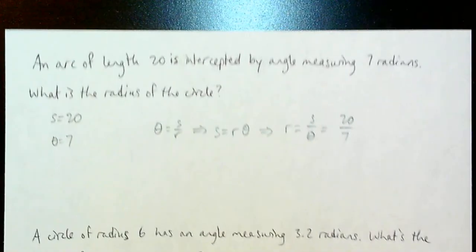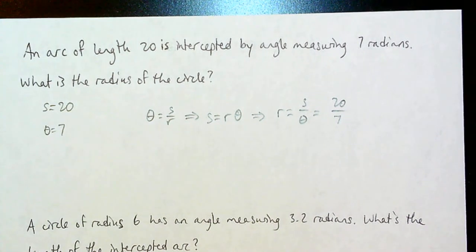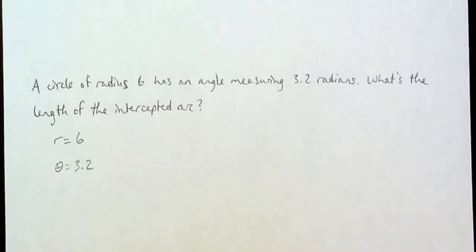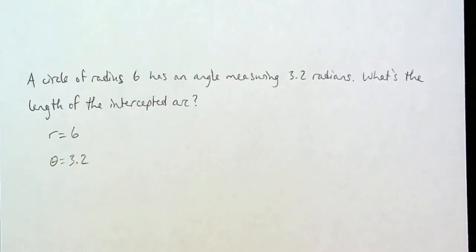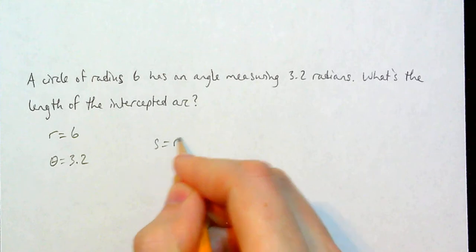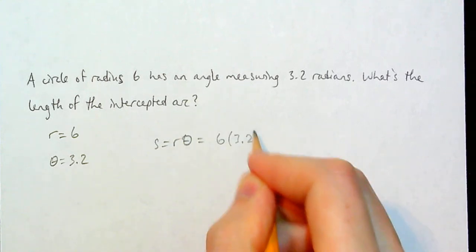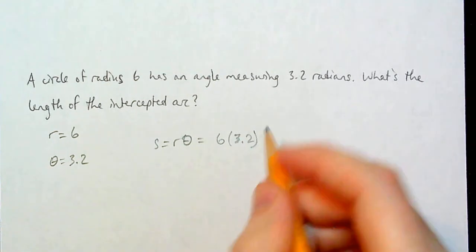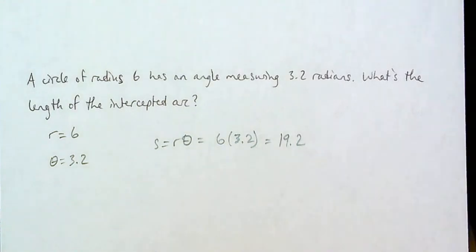From our previous problem, we saw that S is equal to R times theta. S is what we're looking for, so let's just substitute R and theta into that formula, and we'll come up with S. So we get 6 times 3.2, and that is equal to 19.2.